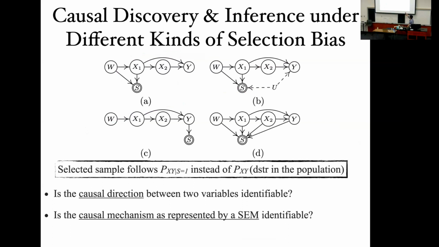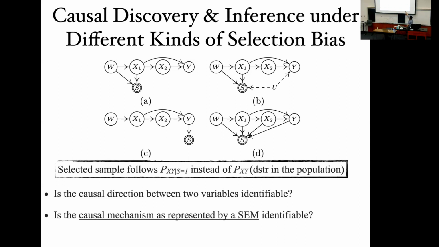This is called outcome dependent selection. And if you have data collected in the hospital, very often you have this case. Why? Whether this person is in the hospital depends on whether the person is ill, in a probabilistic way.